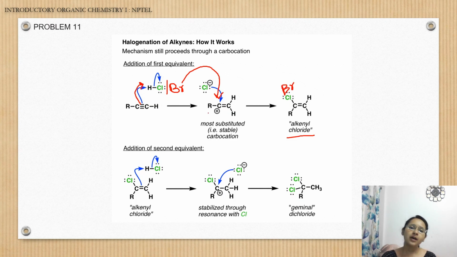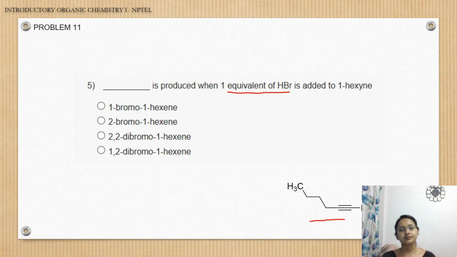Right. Now the addition of a second equivalent. Will it be possible? No. Because when you are talking about the excess of HBr, then you can say yes, the addition of a second equivalent is possible. Fair enough. But when you are talking about one equivalent of HBr, then the addition of the second equivalent couldn't be possible, because there is no HBr available in the system.